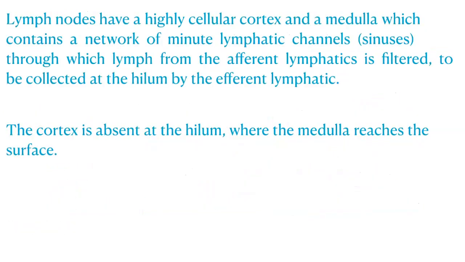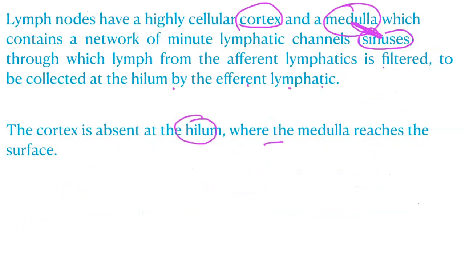Lymph nodes have a highly cellular cortex and a medulla, which contains a network of minute lymphatic channels, sinuses. The medulla has sinuses through which lymph from the afferent lymphatics is filtered to be collected at the hilum by the efferent lymphatic. The cortex is absent at the hilum, where the medulla reaches the surface.